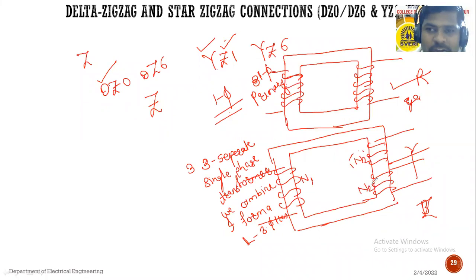So how many windings on the secondary side in case of a three phase transformer for zigzag connection? 2. Two windings for one phase. Then there are three phases. How many windings? 3.